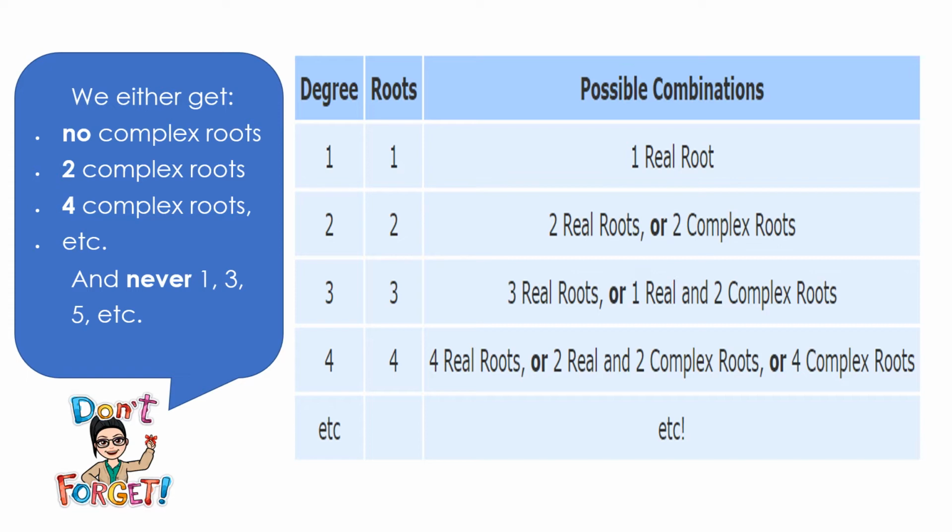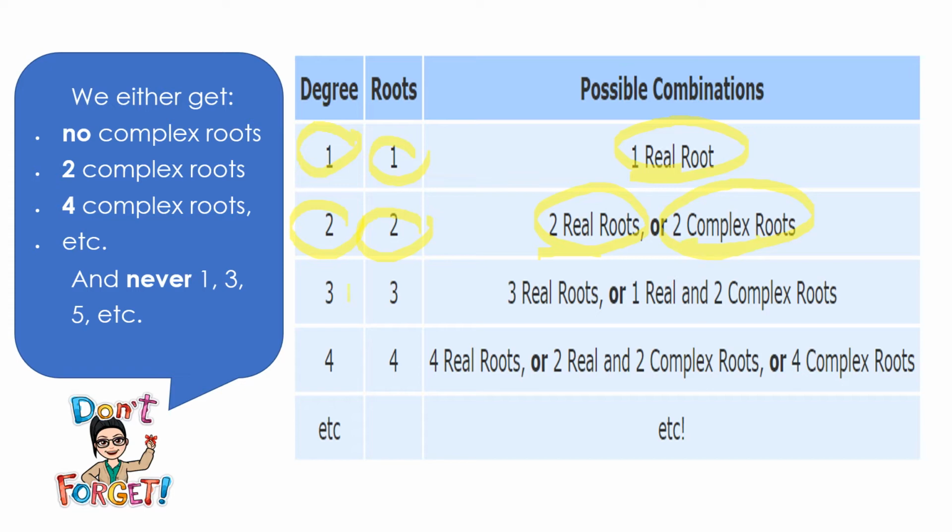This diagram or illustration will help us as our guide to determine the number of complex roots. So if the degree is 1, there's one root, one real root. If the degree is 2, there are 2 possible roots, 2 real roots, or 2 complex roots.